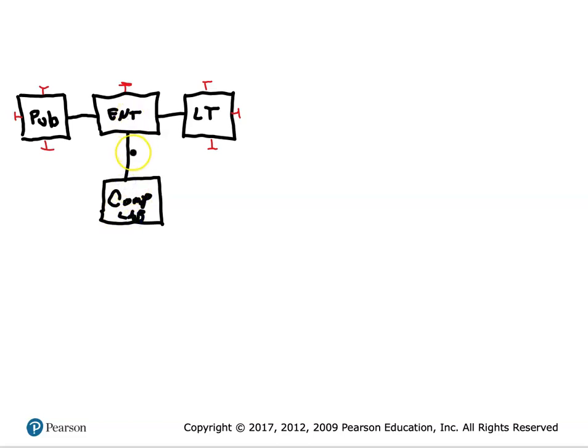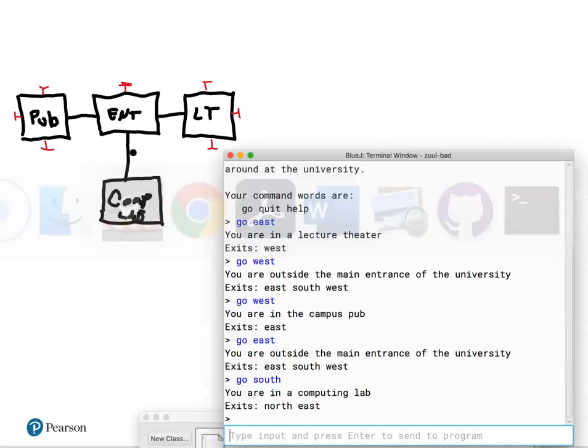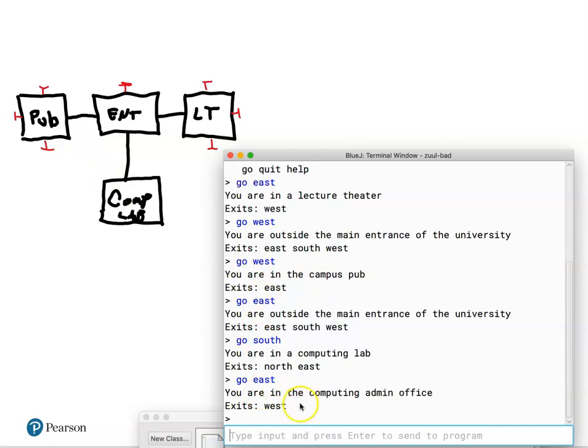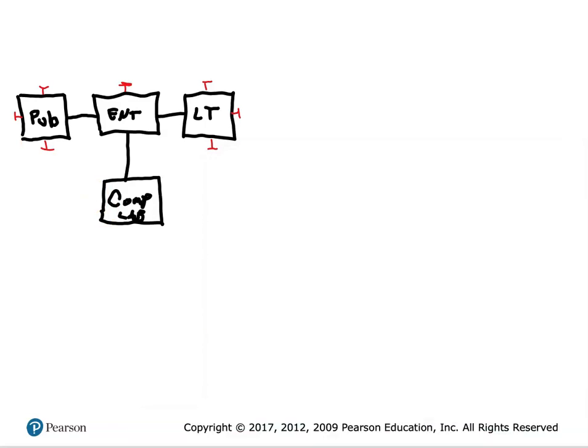So from south, I can go back north, apparently, but it looks like the computer lab also has an exit to the east. So let's go east. And I am in the administrative office.